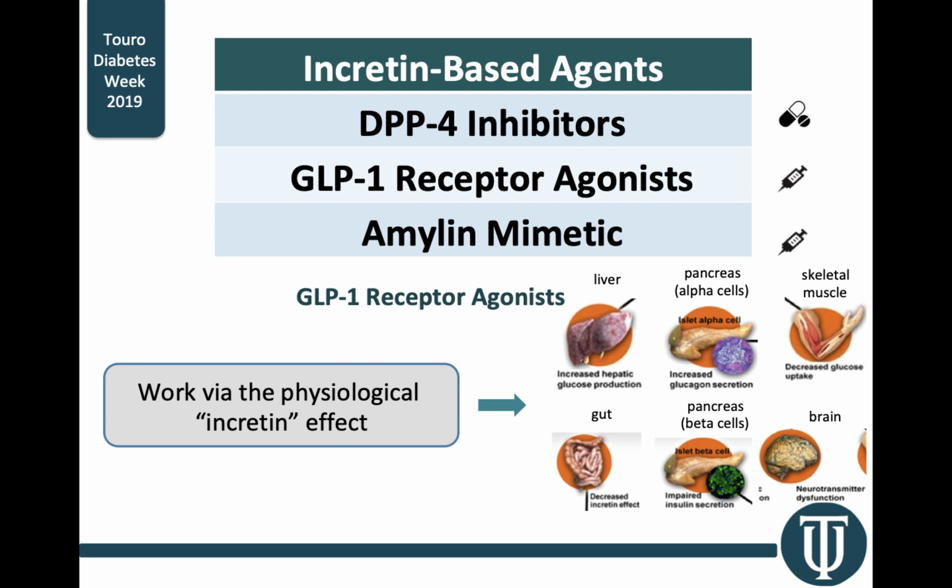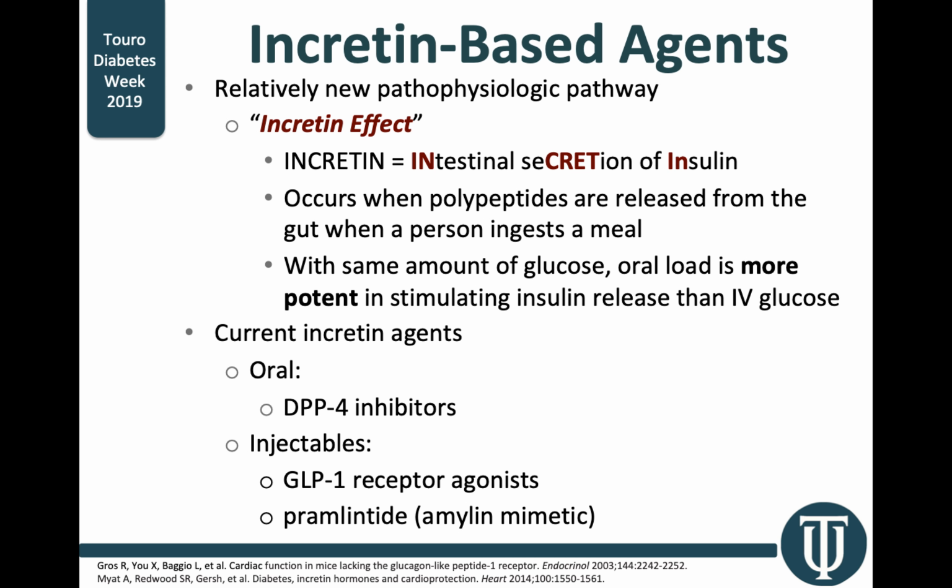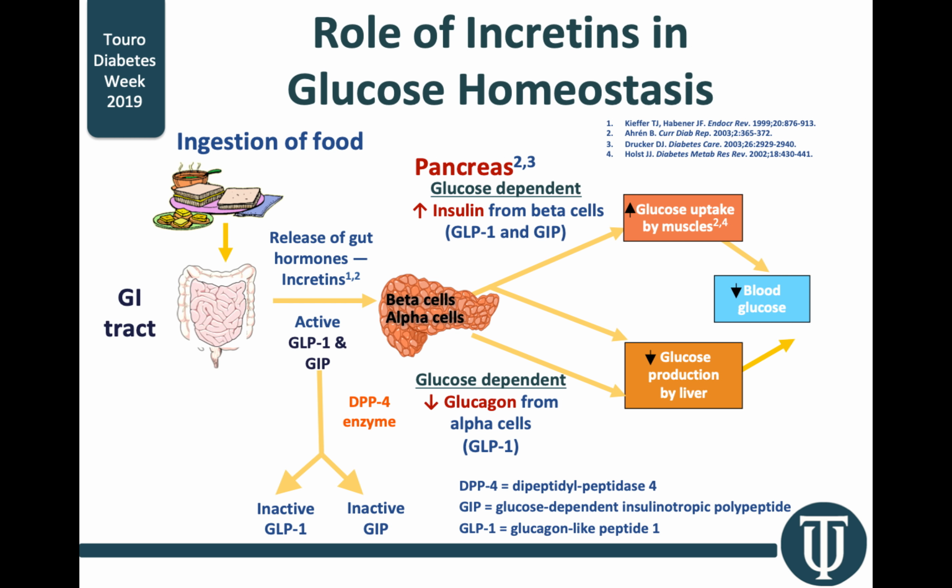What's cool about this is that more insulin is produced with the same load of glucose orally than from the IV route. As I mentioned earlier, there are three subclasses, and they include the oral and also the injectables. Let's get into a little bit of how this pathway works.